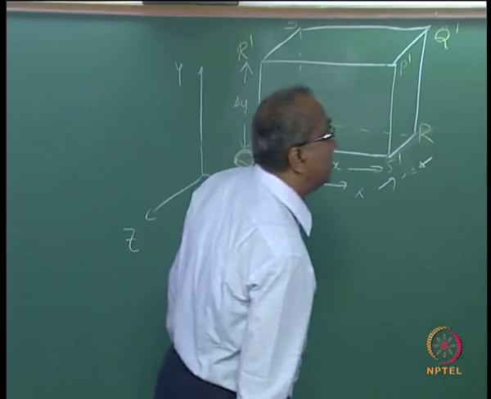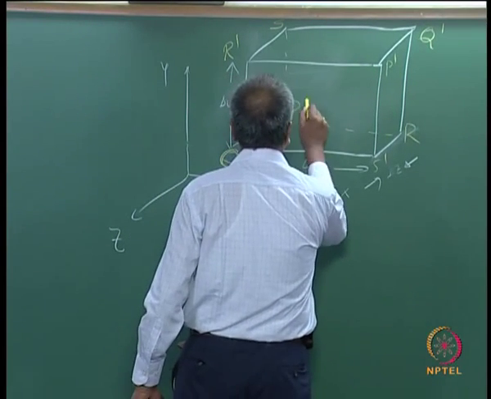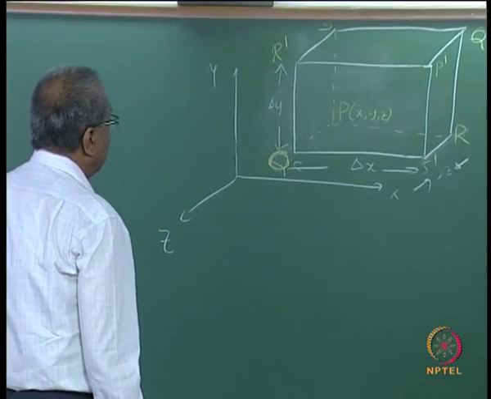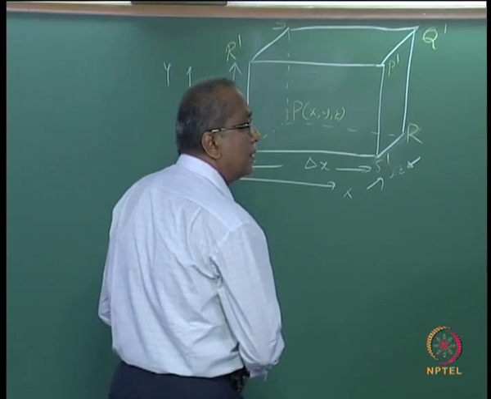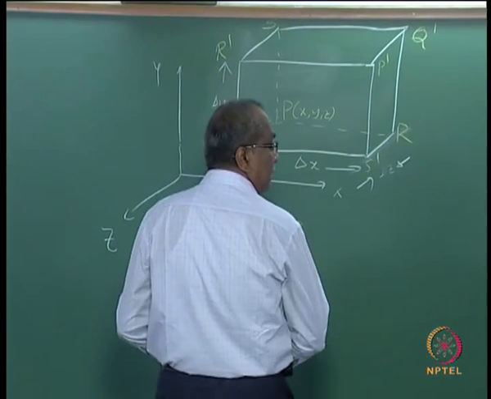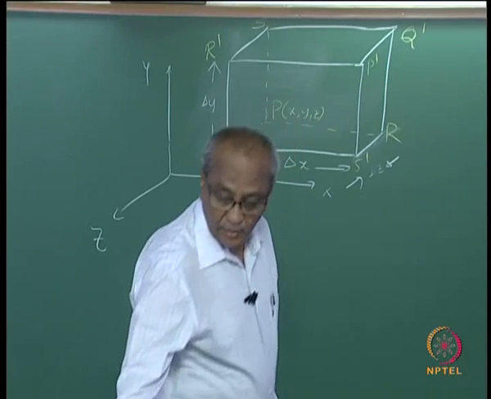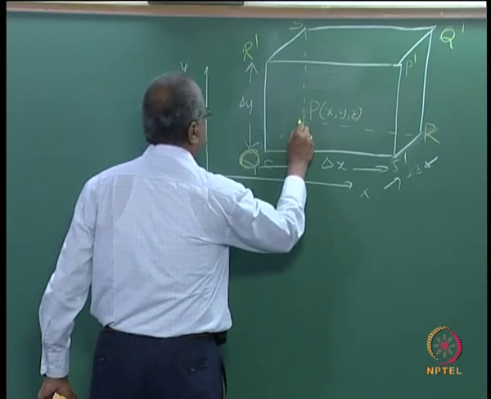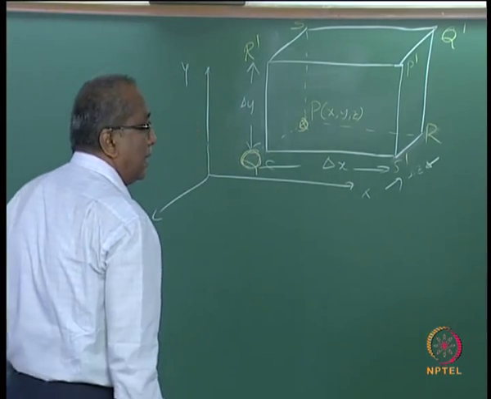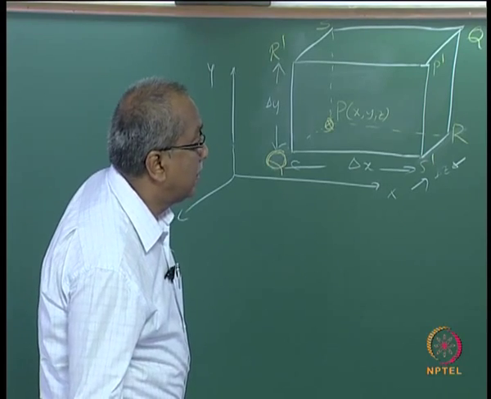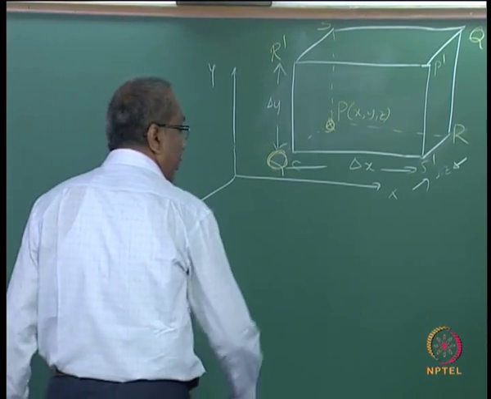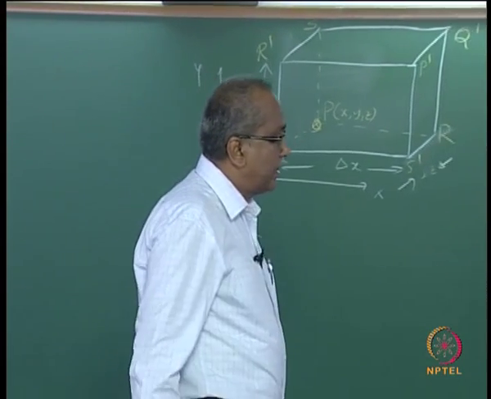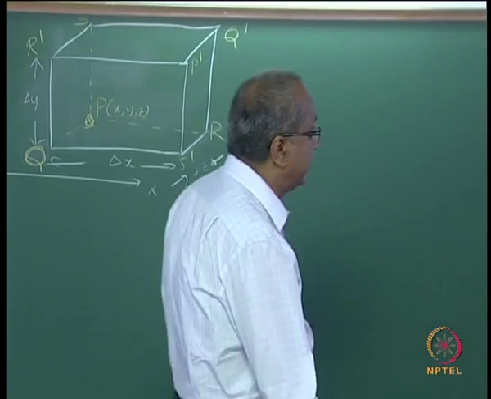No, I think let it be, this be point P. So we consider a point at this location in the flowing mass of fluid, and let us say that u, v and w are the velocity components in the x, y, z directions respectively.